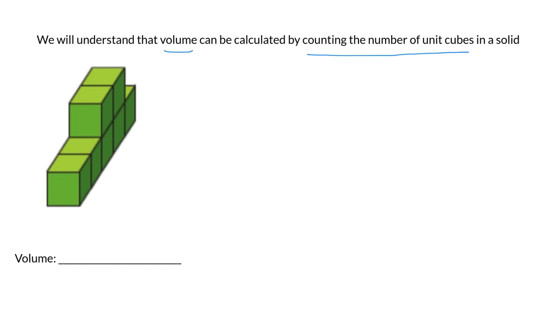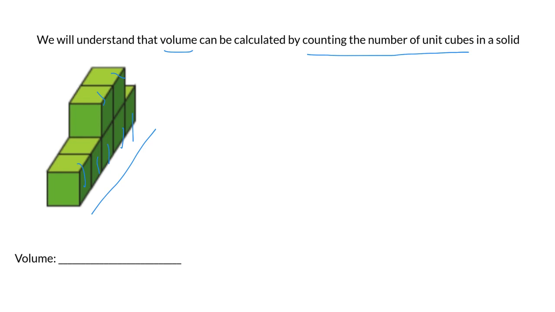I am going to start by counting this bottom layer of our figure. So I'm going to count 1, 2, 3, 4, 5 unit cubes. And then I see on the top here, I have a smaller layer that has 1, 2, for a total of 7 cubic units. Now I'm going to write this a little bit differently.